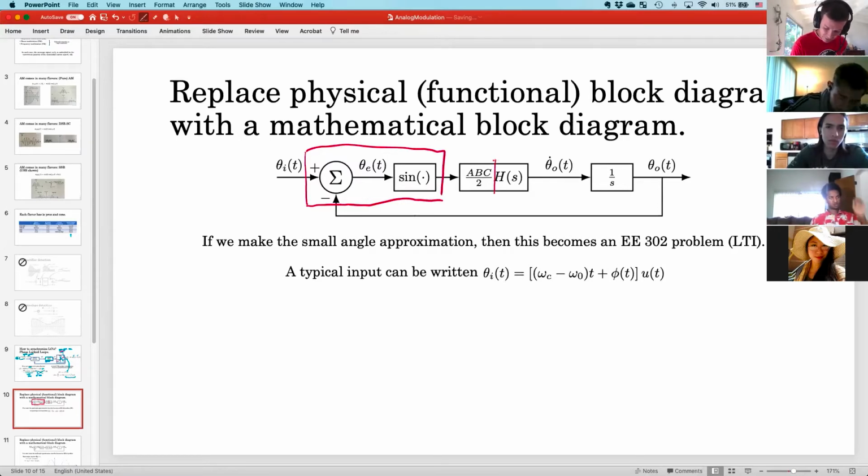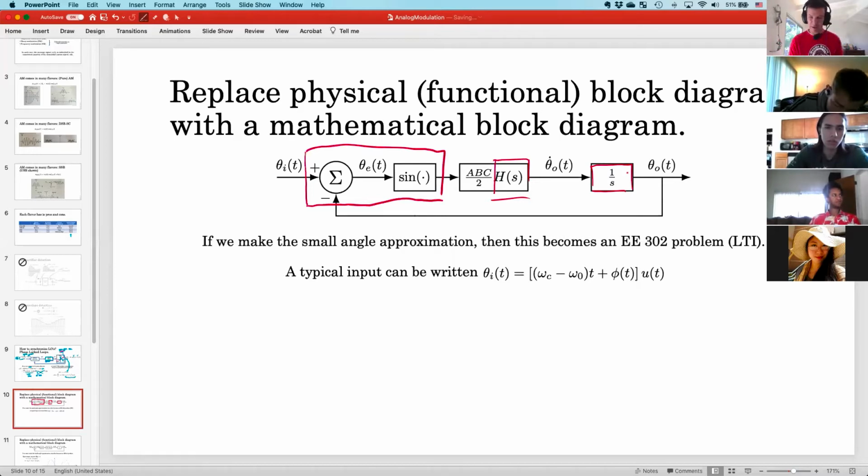This is what used to be the loop filter. And this is that integral that I showed you coming out of the VCO. So it's not a one-to-one mapping, like not every block here maps to a single block there. I've mixed some things around, but everything on this page has a home on the previous slide.